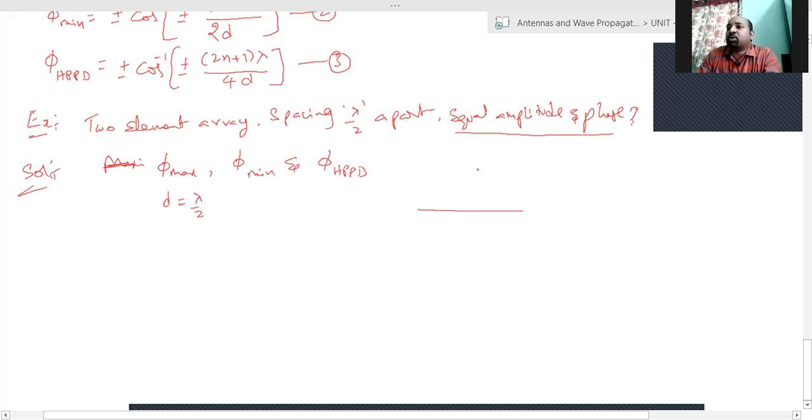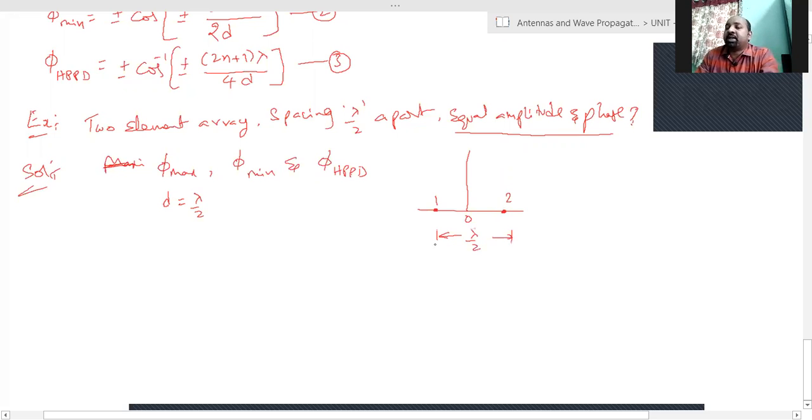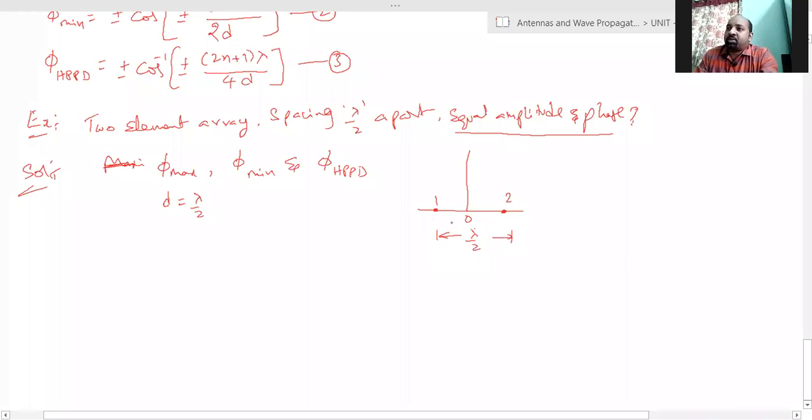So this is the two element array, element 1 and element 2, spaced lambda by 2 apart. And for this we have determined those mathematical expressions for maximum directions, minimum directions, and half power point directions.